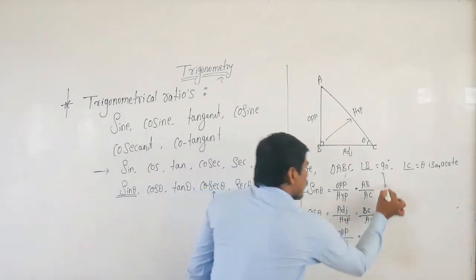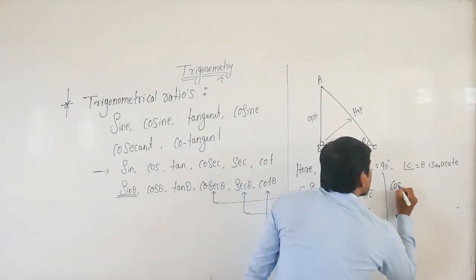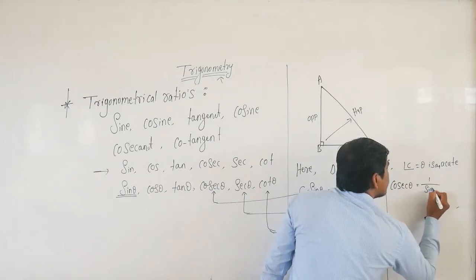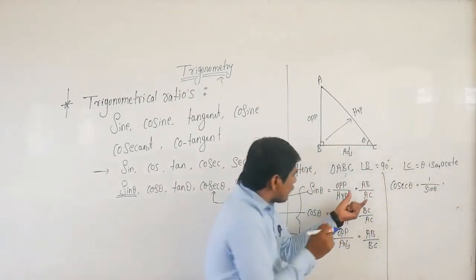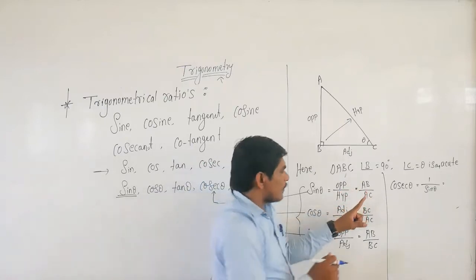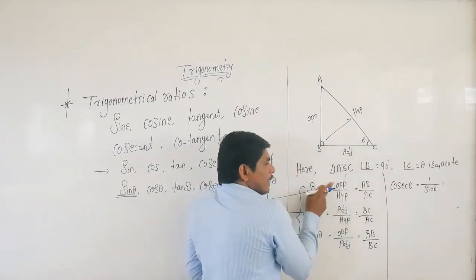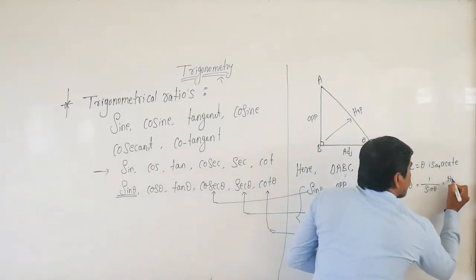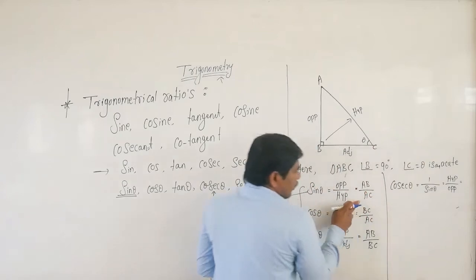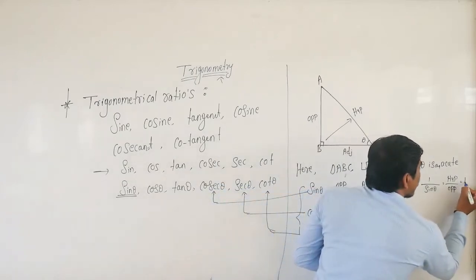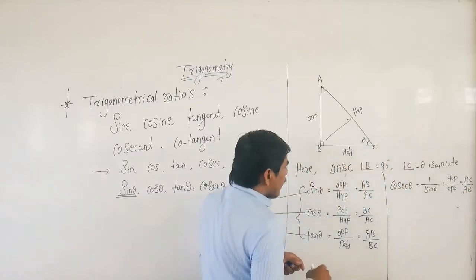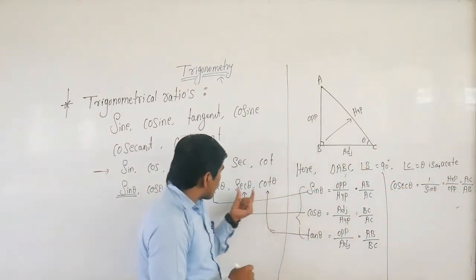Now, here you write it. Cosec theta is equal to 1 by sin theta. Now you write it in the form of a reciprocal: AB by AC becomes hypotenuse by opposite. The hypotenuse side is AC, so AC by AB. And the next one is sec.